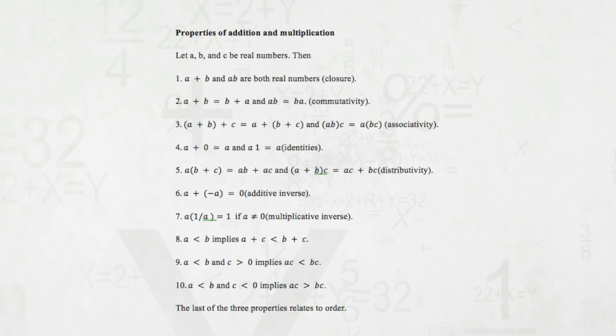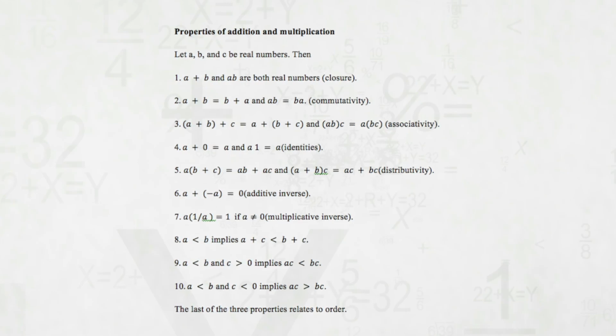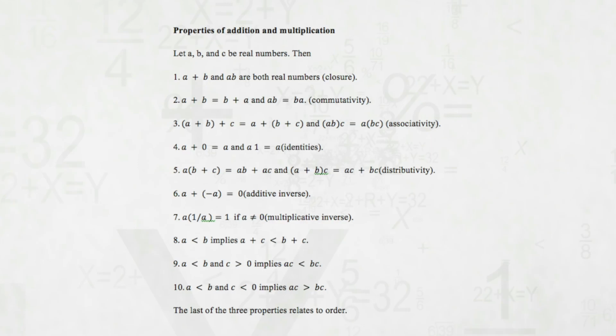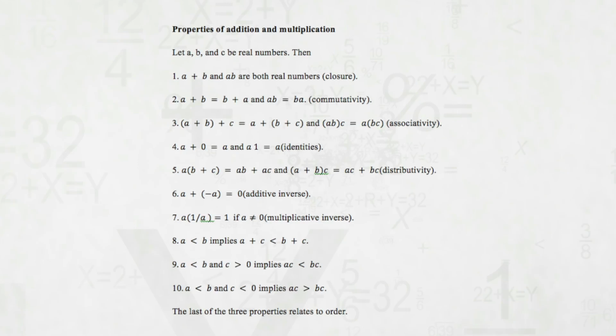The seventh one is multiplicative inverse, that is, a multiplied by 1 by a is equal to 1 if a is not equal to 0. And the next property is when a is less than b, that implies a plus c is less than b plus c, and a is less than b and c is greater than 0 implies ac is less than bc.